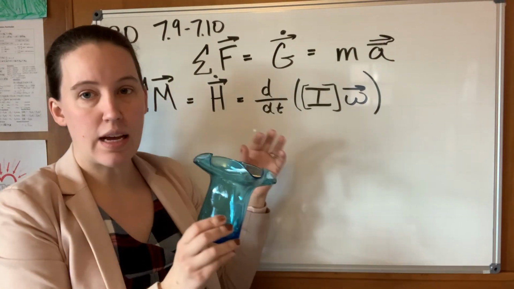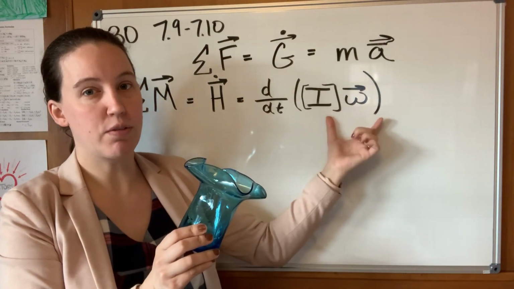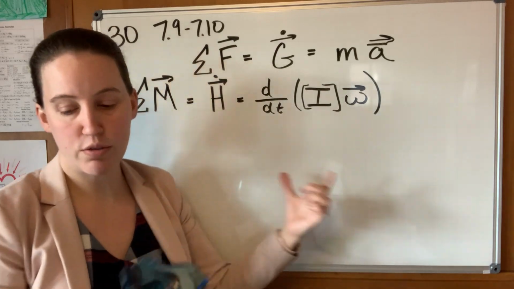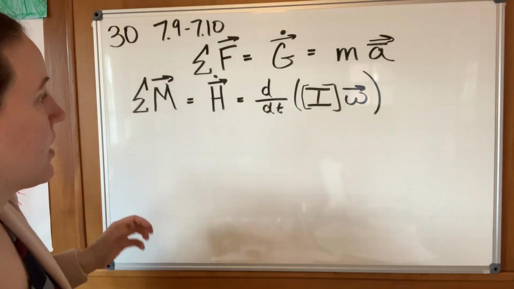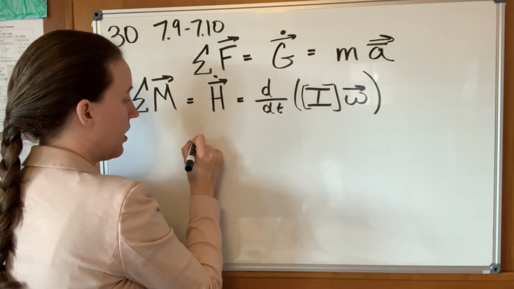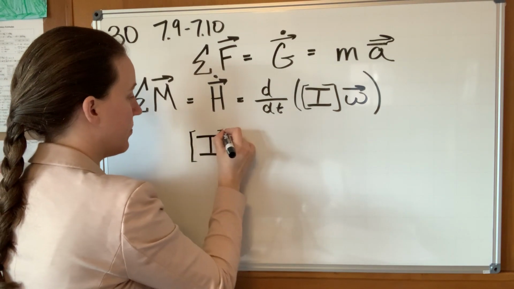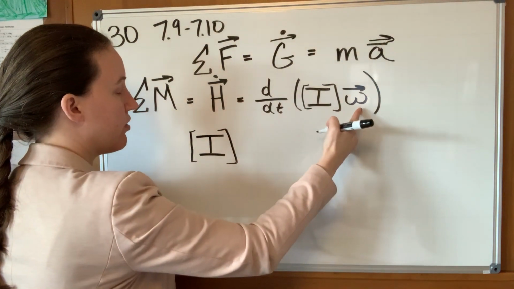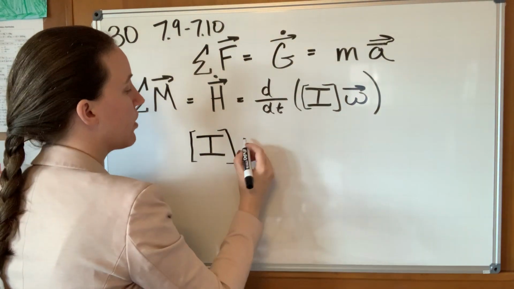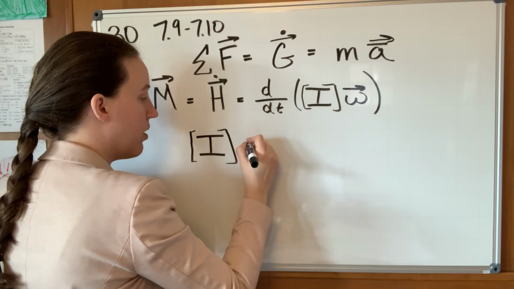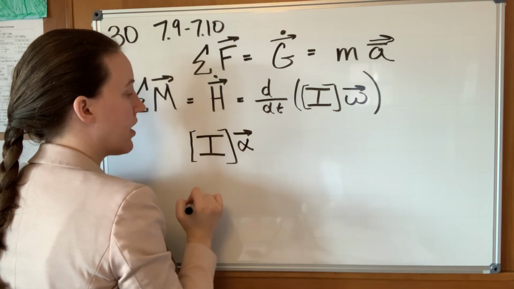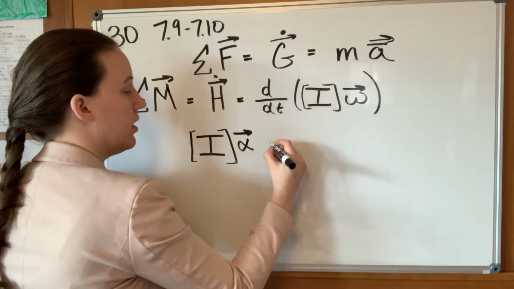So that's why we're going to take the derivative of this part, but then we're also going to take the derivative of how it rotates, which means that we're going to have our I matrix, which is going to be constant, times now the rate of change of this omega within that rotating frame, which is going to be an omega dot, or as we've been calling it, the angular acceleration or alpha vector.